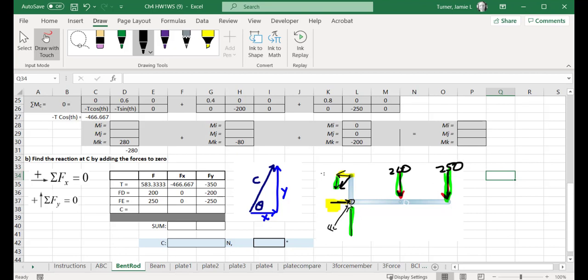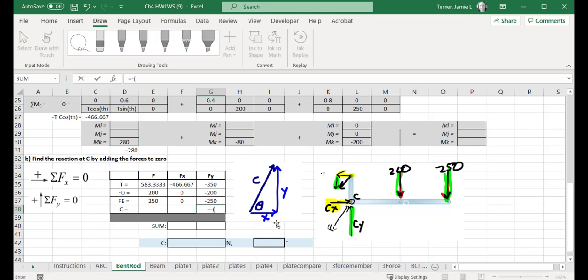And what's left is what's happening in the X direction at point C and what's happening in the Y direction at point C. So the Y direction is going to have to hold up all three of those negative forces. So this is going to be negative, and it holds up the 250, the 200, and the 350.